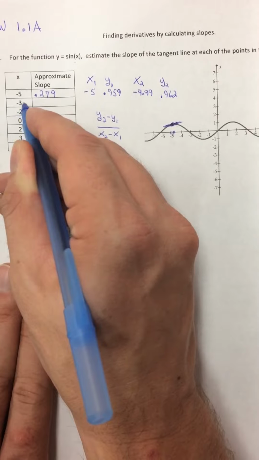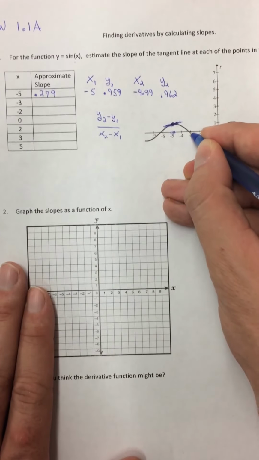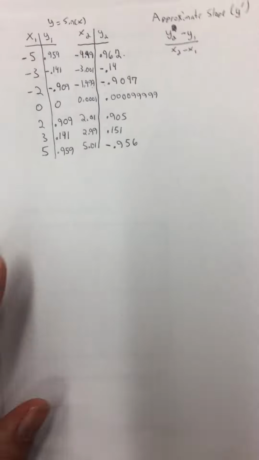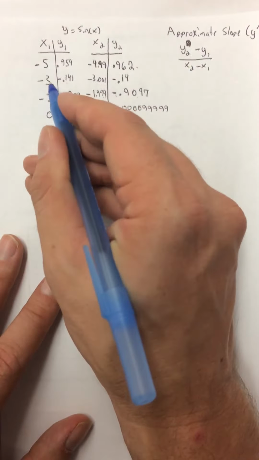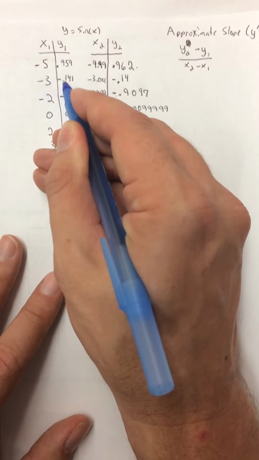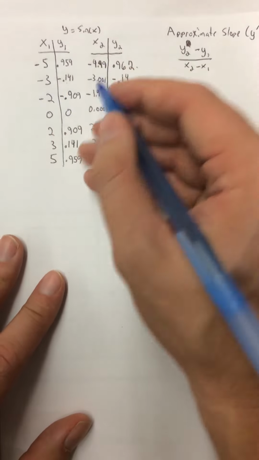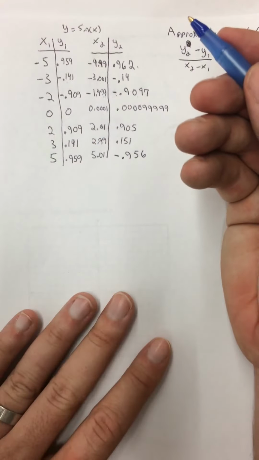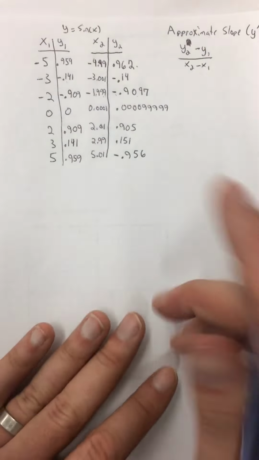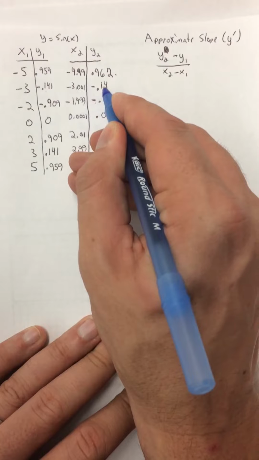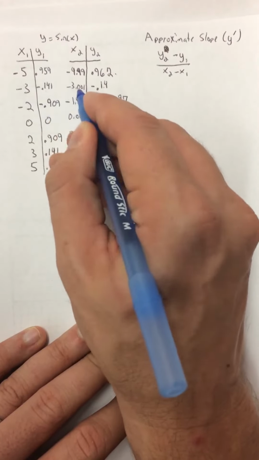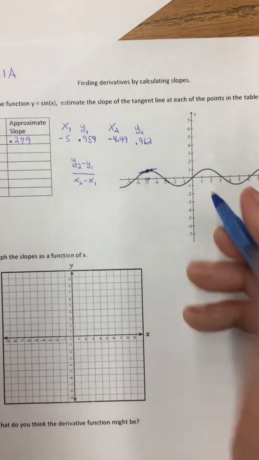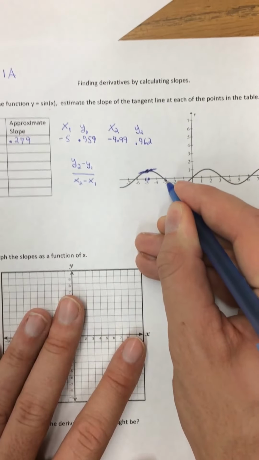When x is -3, we want to find the y value and find another nearby point. I did this on another sheet of paper, so you don't have to watch me plug things into calculators. When x is -3, y is -0.141. When x is -3.001, the y value is -0.14. And again, I'm going to do y2 minus y1 divided by x2 minus x1, and that will find the slope between these 2 nearby points.